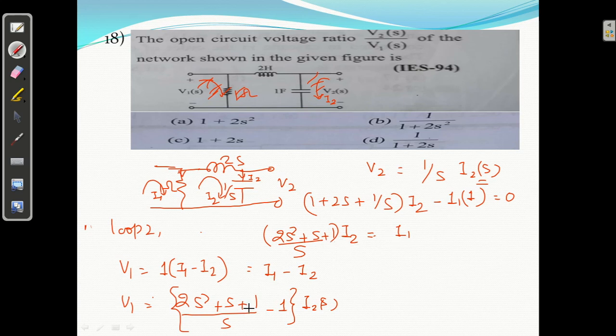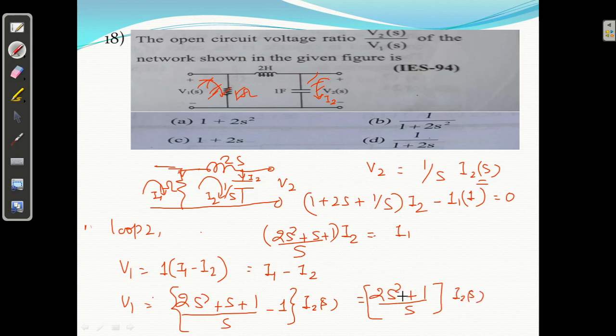I1 in terms of I2, and here already I2, minus 1. So the s will cancel, you will get 2s square plus s plus 1 minus s upon s. Clear? So this is the value I am getting, I2 of s.